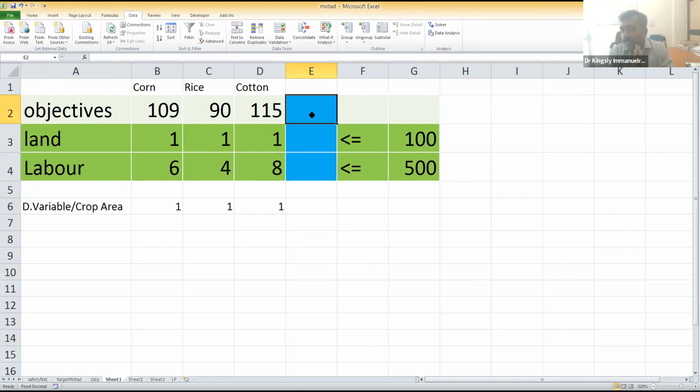How should I calculate? Anybody can tell if you are happy to do that. Otherwise, I'll do it. So what I need to do is multiply area under the crop by net revenue.